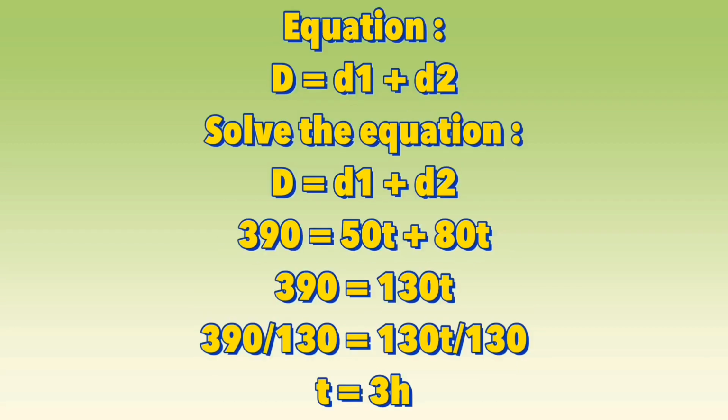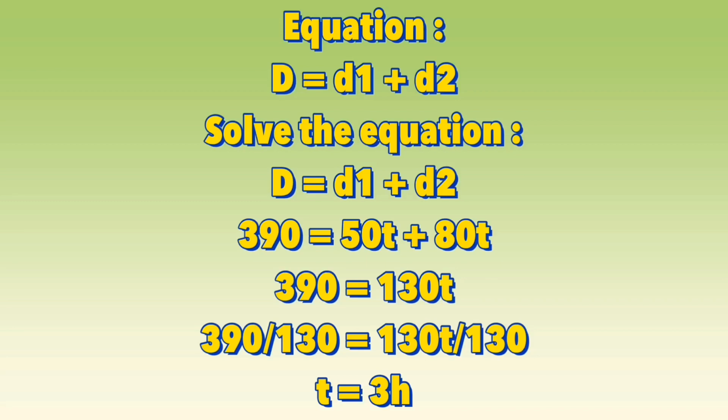Okay, the distance covered is 390 equals the distance of each bus, which is RT. So the rate of the first bus is 50 times t plus the rate of the second bus, 80 times t. Then our next step is to combine like terms. 50t plus 80t equals 130t.